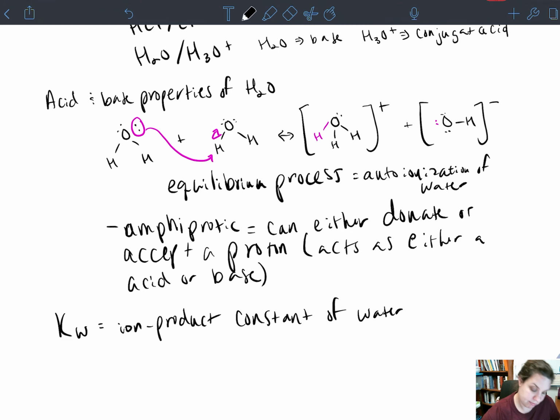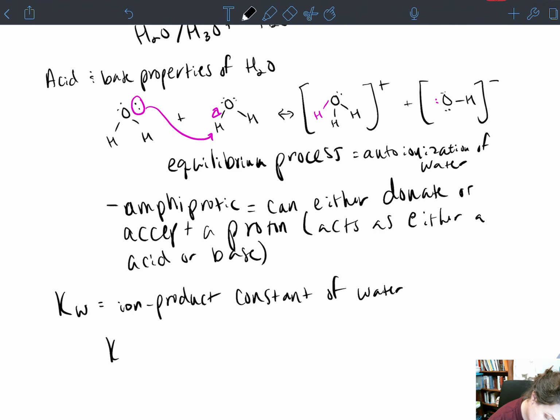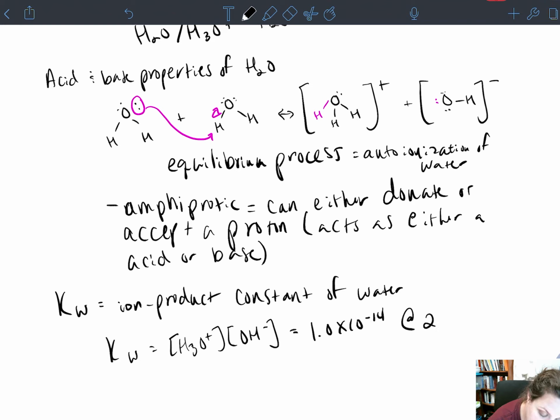Where our Kw is equal to our hydronium concentration times our hydroxide concentration. On the bottom of that would be water, but water would be 1 in this case, so it would just be that. And this Kw is 1.0 times 10 to the negative 14 at 25 degrees Celsius.